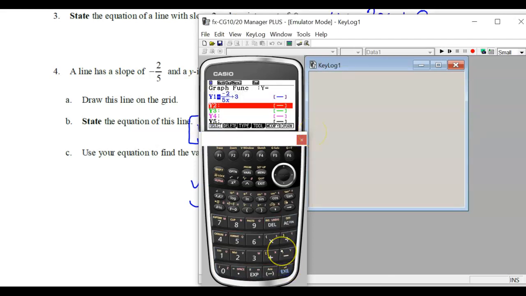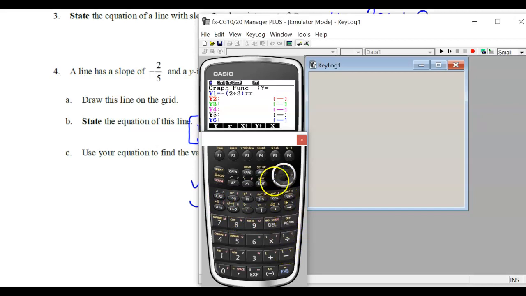Enter on. Okay, so what happens with the Casio might be the same for some of you: if you have a Casio and I press enter, notice how it puts it into fraction form with the x in the denominator. With TIs, you don't have to worry about it. So I need to fix this because I don't want the x in the denominator, right? So I'm going to put negative, bracket, 2 divide 3, close the bracket, then put x.